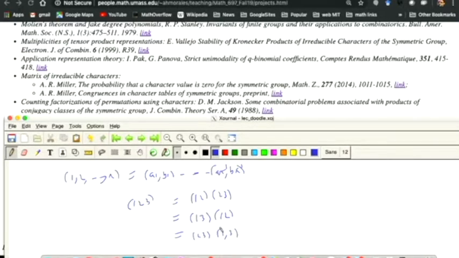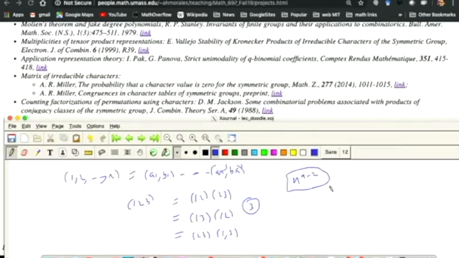So there's only these three ways, and in general, the number of such factorizations is n to the n minus 2, which is the number of trees with vertices 1 up to n.